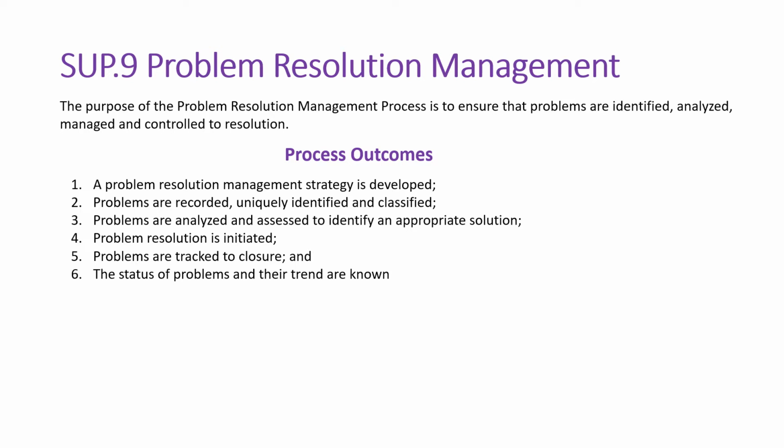From when exactly we started implementing the identified resolution till the closure, the status of problems and their trend are known. Once we start tracking different problems in one tracker, you will get a trend from it.